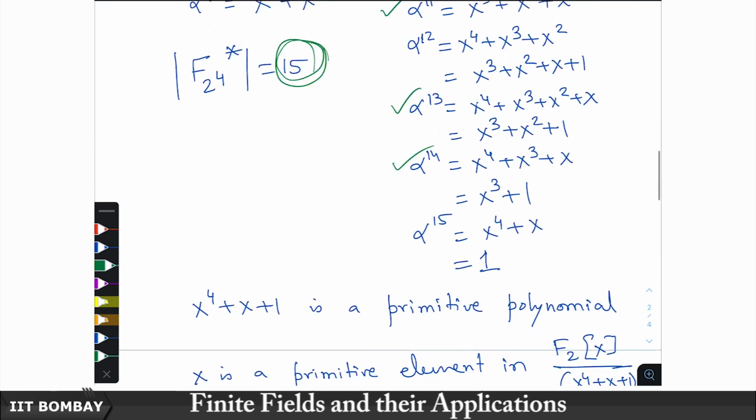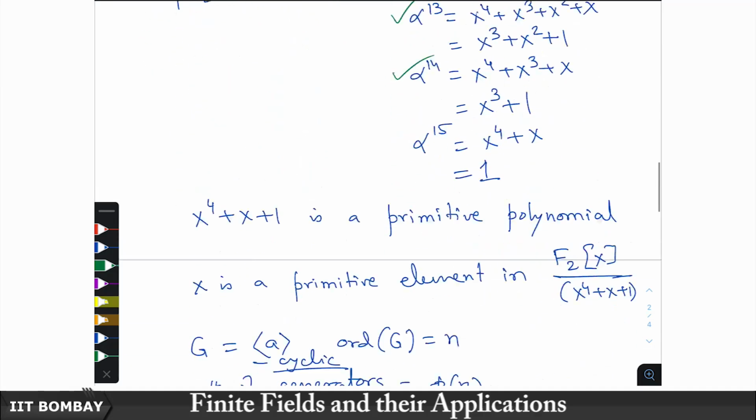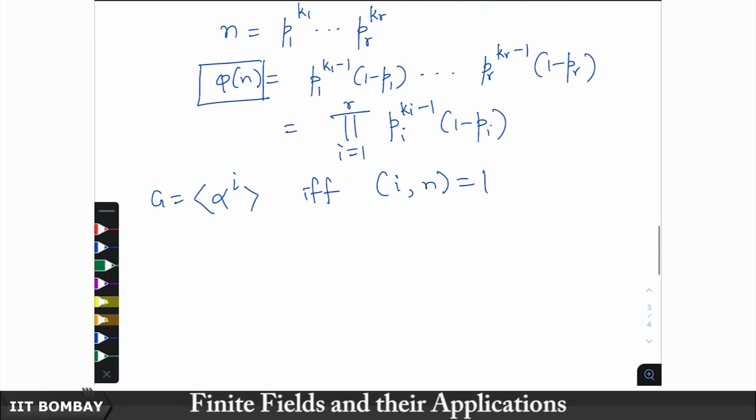Now, in this field we will also identify its subfields. What are the subfields of F2 power 4? First of all, note that for any F p power m, its subfields are also of the same characteristic.